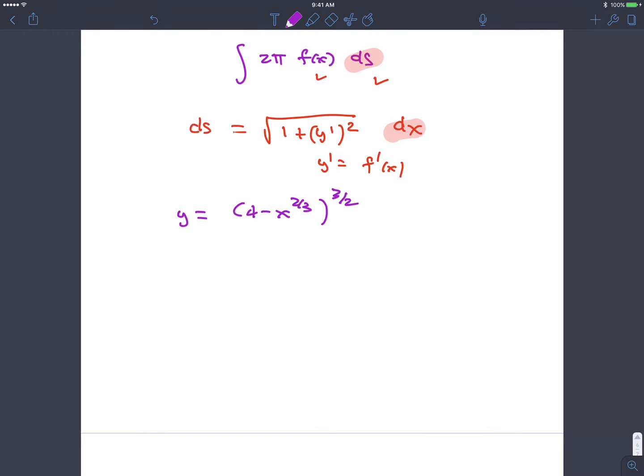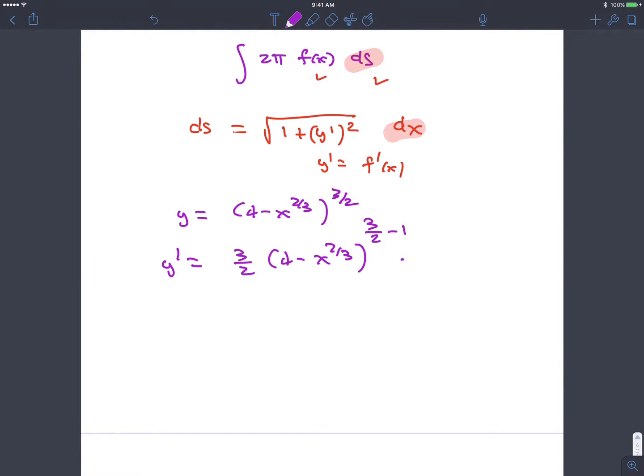Now, these problems, if you can integrate, they're specially chosen. Okay, so let's find the right derivative now. Notice what the derivative is going to be. 3 halves, 4 minus x to the 2/3 times, if you want every detail, 3 halves minus 1 times what? Do you guys know?